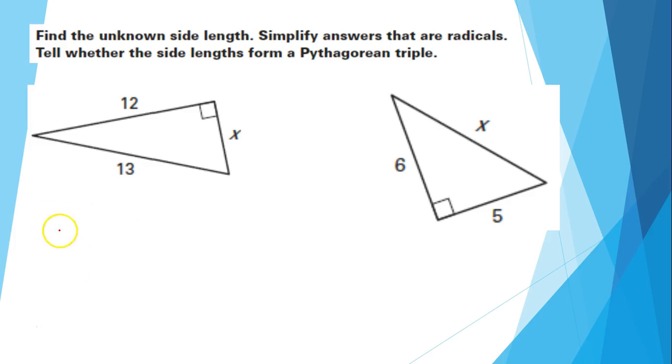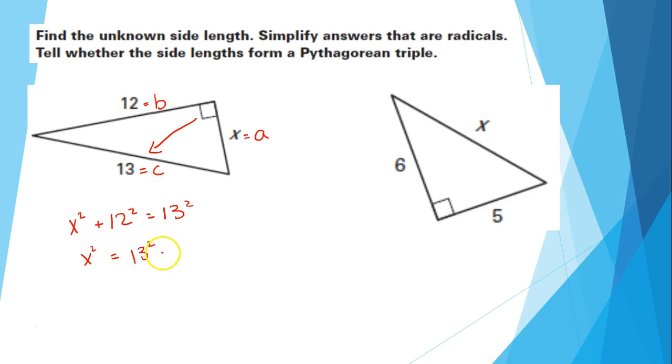Okay, so this one right here, this right here is our hypotenuse, so that's our C in our formula. I'm going to name this our A, and this is our B. Now saying A squared plus B squared equals C squared. Solve for x.